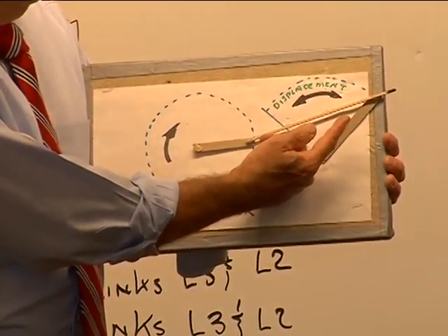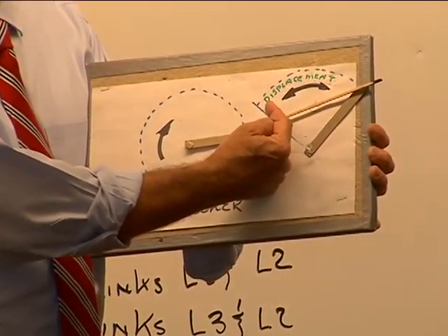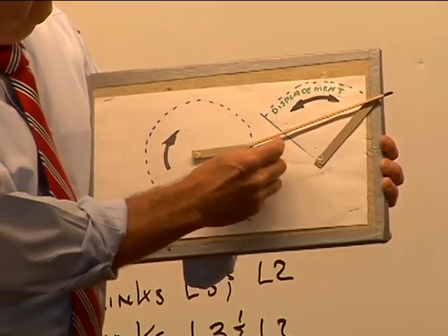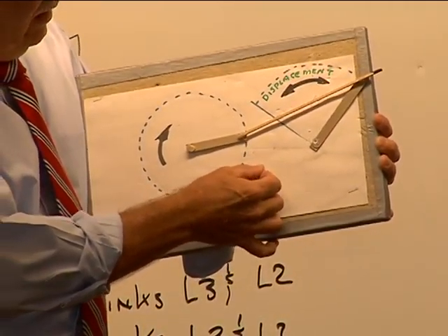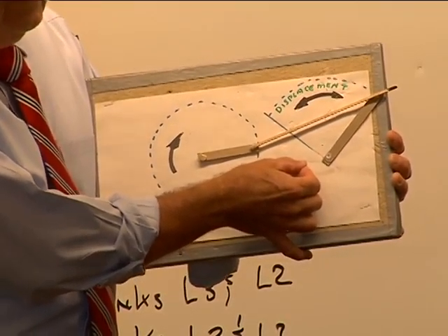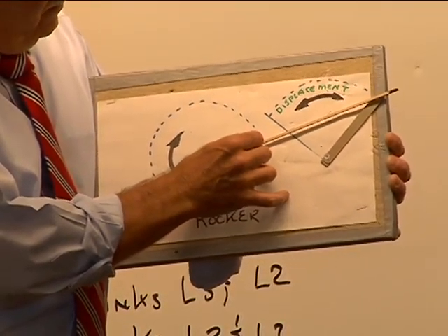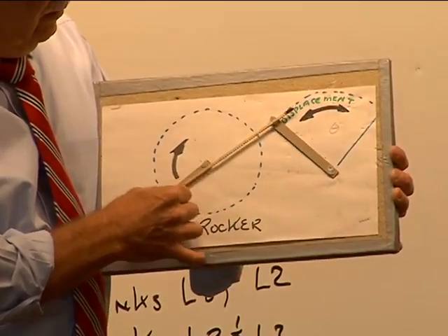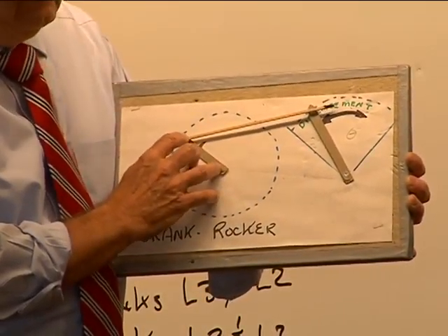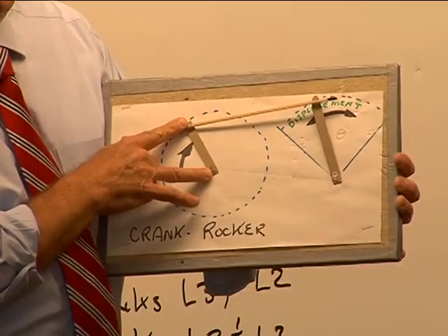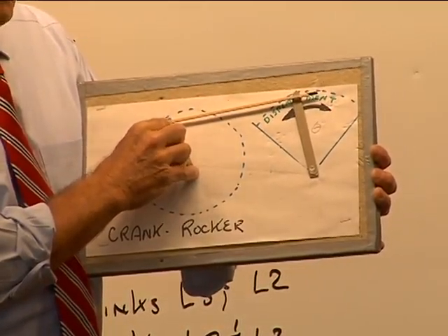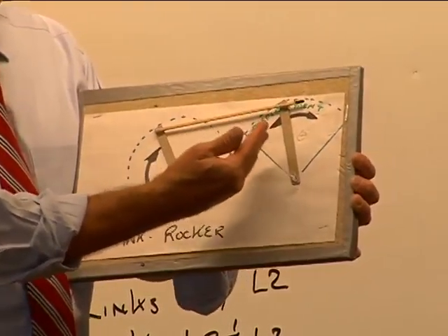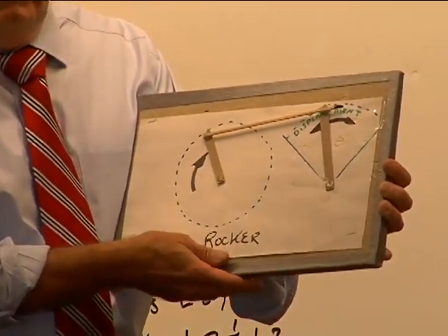So we found that angle, and that was the stroke S. Now I'm going to give you the stroke S and an angle theta that is from link 4 to link 1, and then we can determine what the lengths of these two links are. This is L2 and this is L3. So we're going to find out what L2 and L3 are in order to accomplish a specific stroke angle.